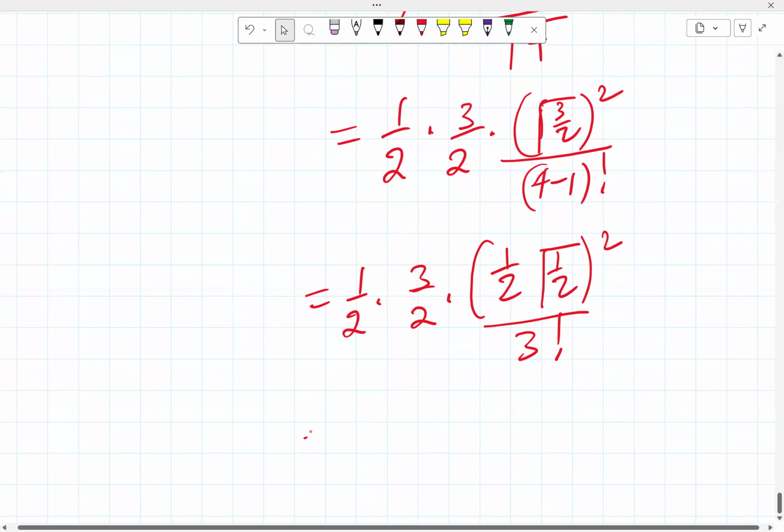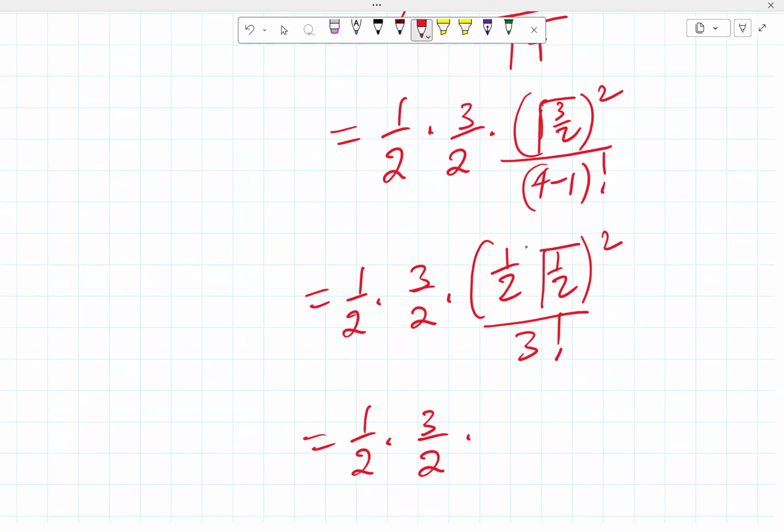So here now we have 1 over 2 times 3 over 2, then 1 over 2 there. Then gamma half is square root of pi, all of this squared, right? If I had not squared it, I would have done them separately, so this is a smarter way.